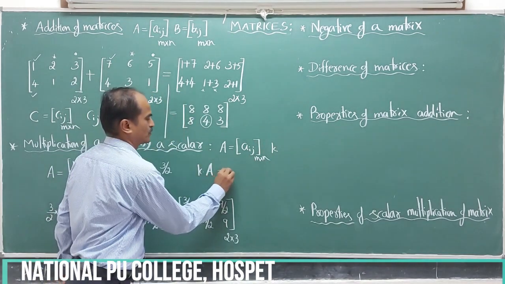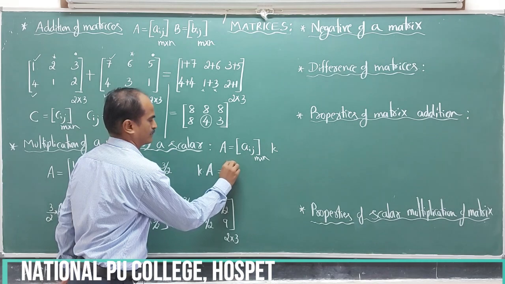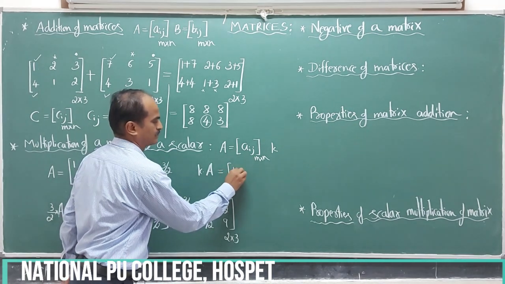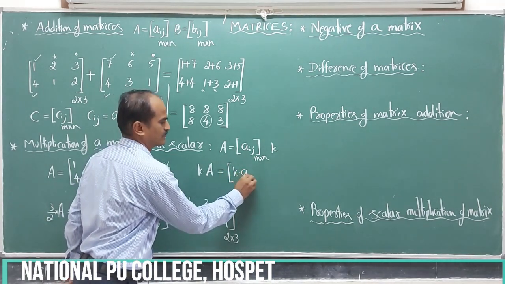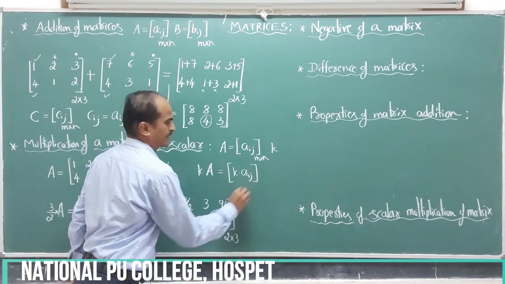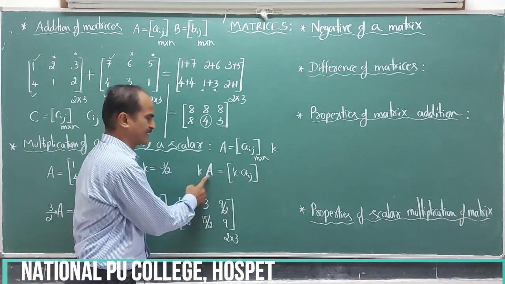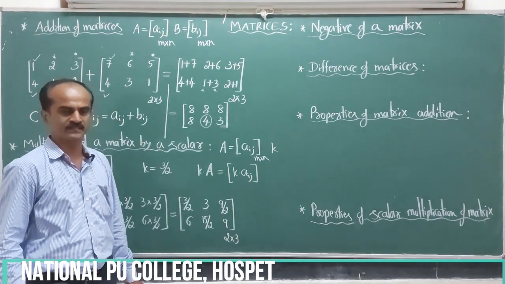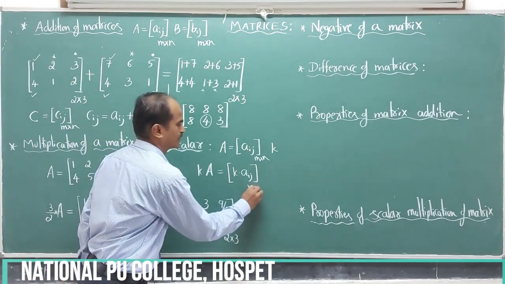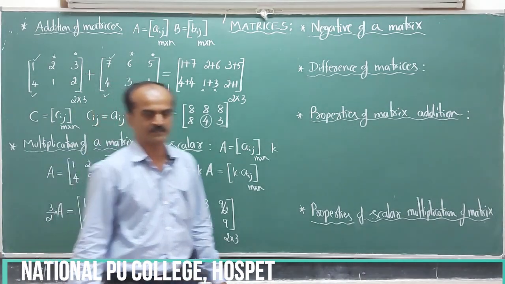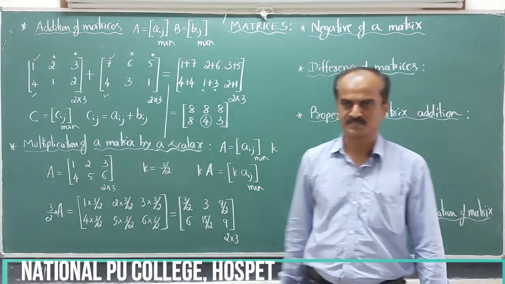This is equal to a matrix whose elements are k times Aij. Each element of the matrix A is multiplied with k, and the order of this resulting matrix is m by n. Very simple procedure.